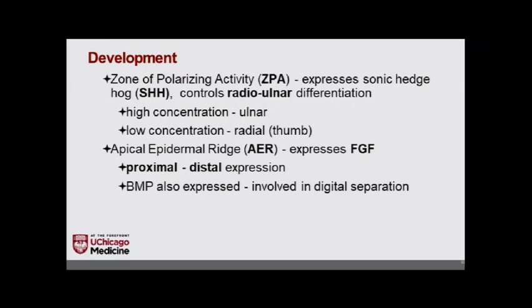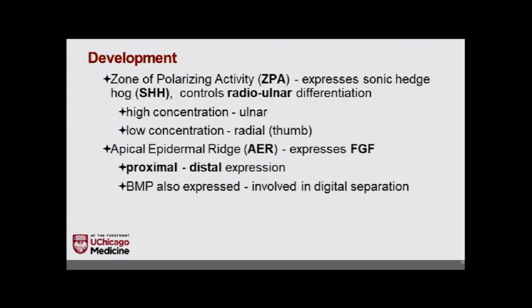Apical ectodermal ridge, that is FGF. That's one of those stupid memorization things. So ZPA, sonic hedgehog; apical ectodermal ridge, FGF, that is proximal to distal. So if you have a longitudinal arrest, it's your apical ectodermal ridge.